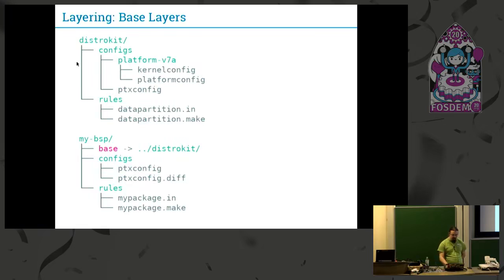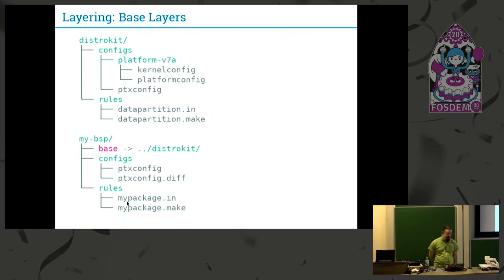It has the same structure as before, and we want to layer our BSP on top of it, so all we have to do is just create a link named base to this lower layer. And everything you now select in the PTX config is calculated as a diff to this PTX config on the lower layer.